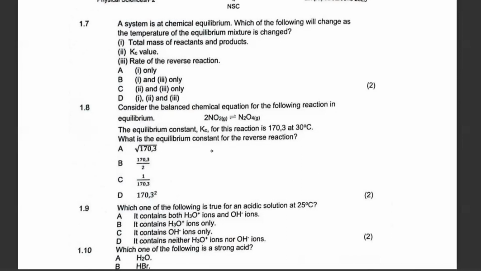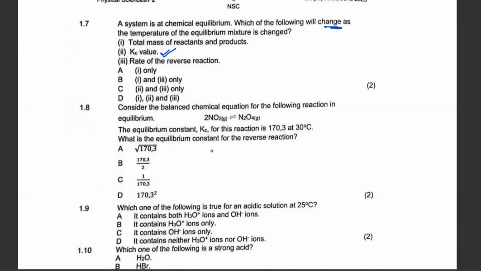Yes, the Kc value. Definitely it's only temperature which changes the Kc value, so that one is correct.